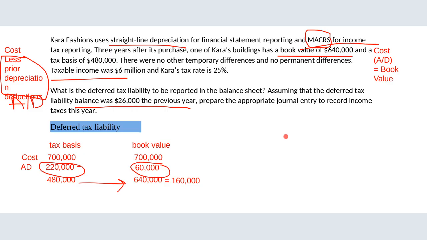This is our temporary difference. We said since we're talking about a difference in depreciation where tax depreciation is greater than book depreciation, then we're going to have a deferred tax liability.